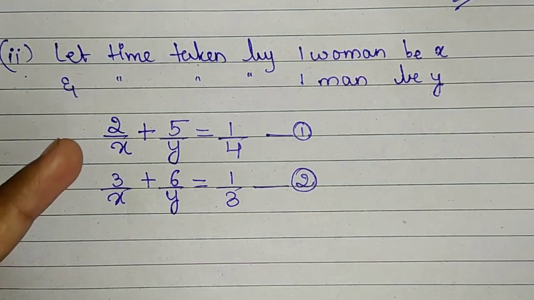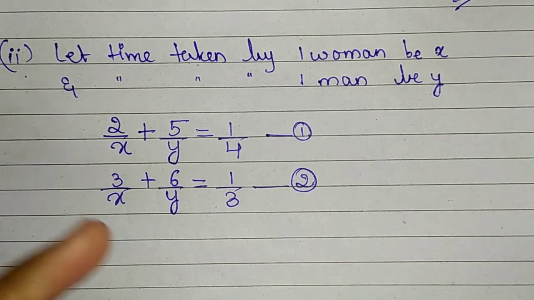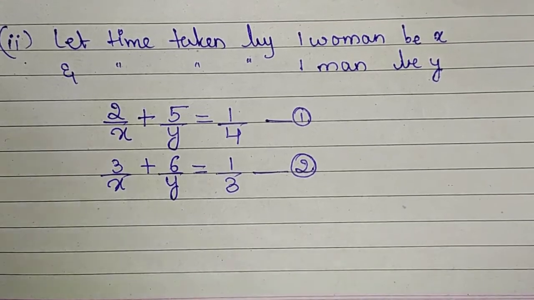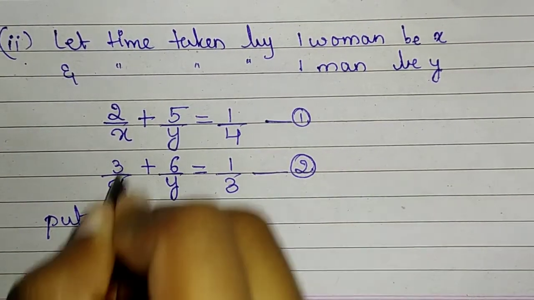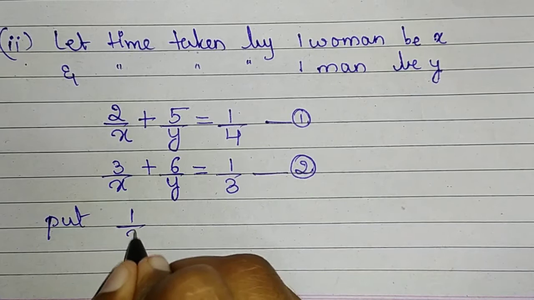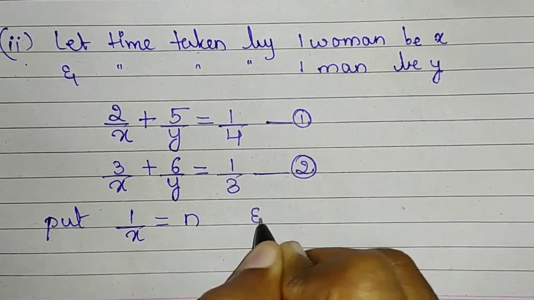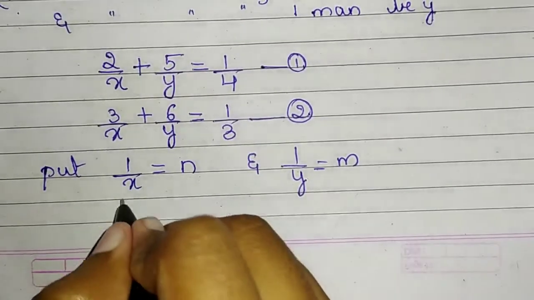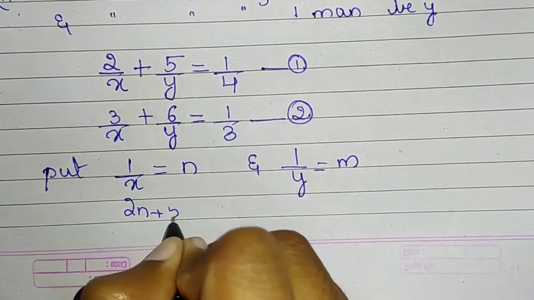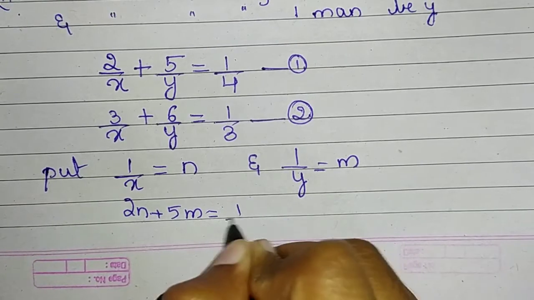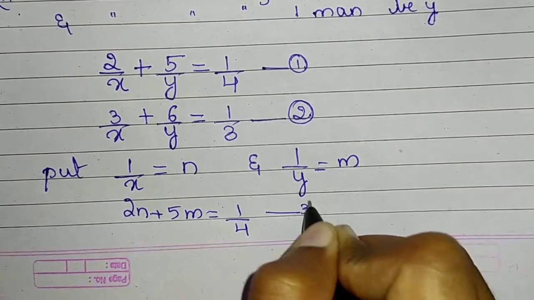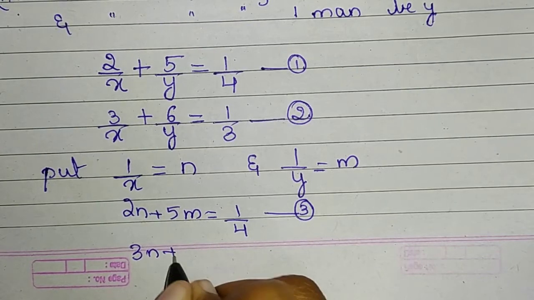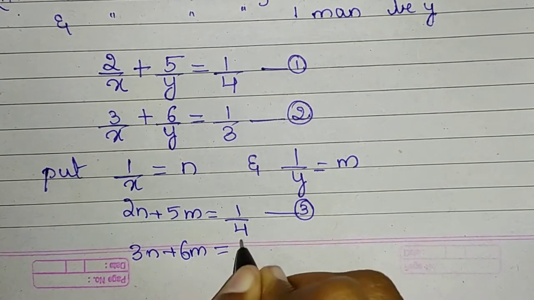Now you have dealt with these kinds of equations; you have to reduce them to the form of linear equations. So to find the values of X and Y, put 1 by X is equal to N and 1 by Y is equal to M. We get 2N plus 5M is equal to 1 by 4, the third equation, and 3N plus 6M is equal to 1 by 3.